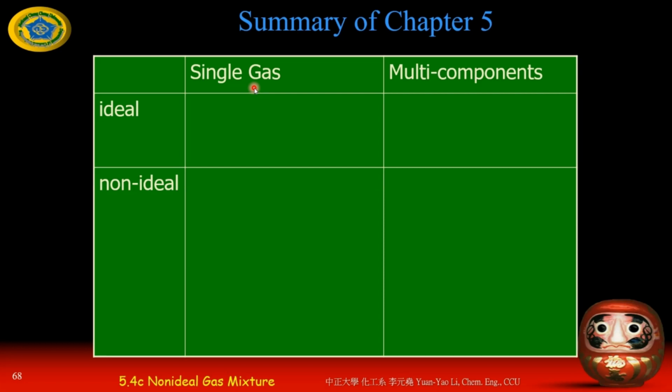And one is a single gas, and one is multi-component, or a gas mixture. So for a single ideal gas, we use PV equals nRT, the ideal gas equation of state. This is no problem. How about multi-components?